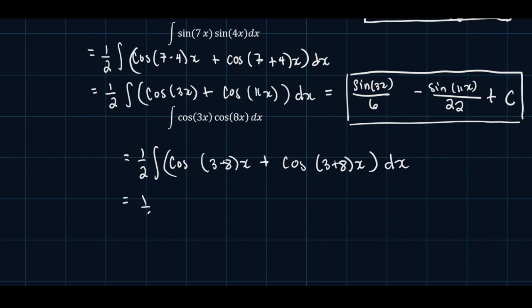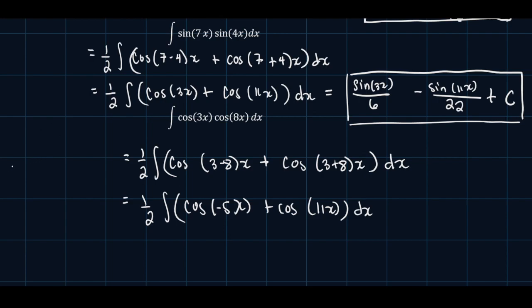So we have 1/2 ng integral ng cosine ng negative 5x plus cosine ng 11x dx.